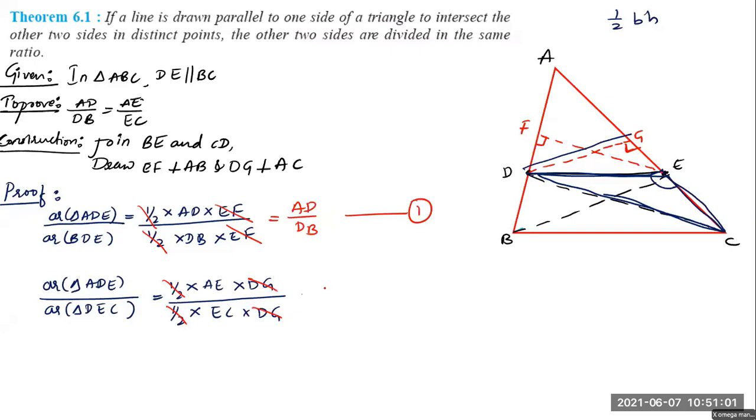The remaining thing is AE by EC. So this is equation number 2. Now we have equation 1 and equation 2. Up to here, is it clear? Any question here?